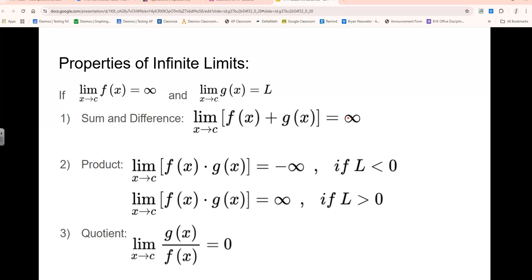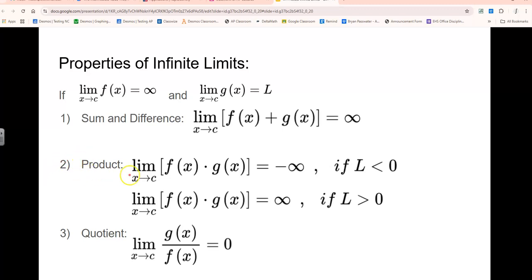So if you're getting L minus infinity, because it's a negative infinity, you get negative there. Infinity minus L would still be infinity, because even if L is a very large number, it's nothing compared to infinity. So infinity sort of still wins out there.